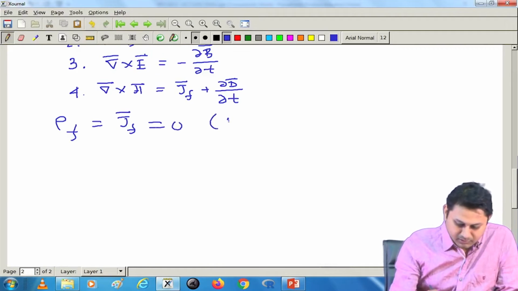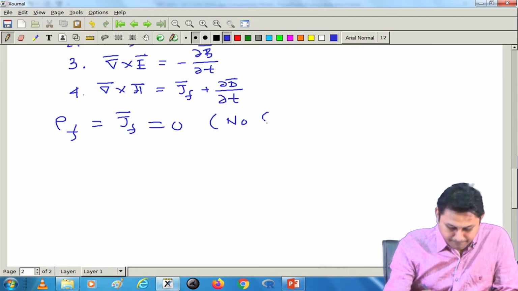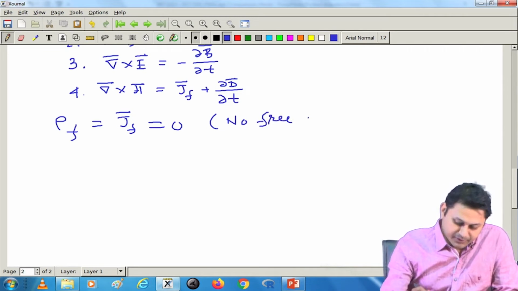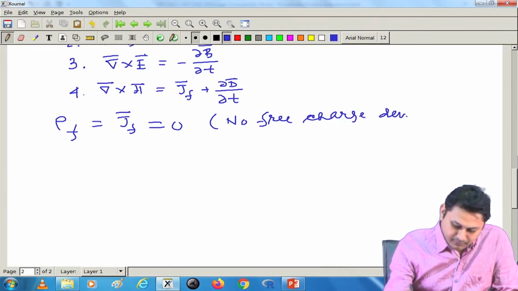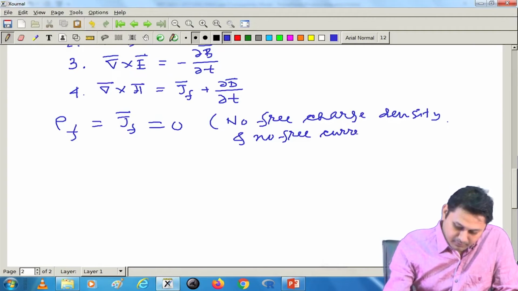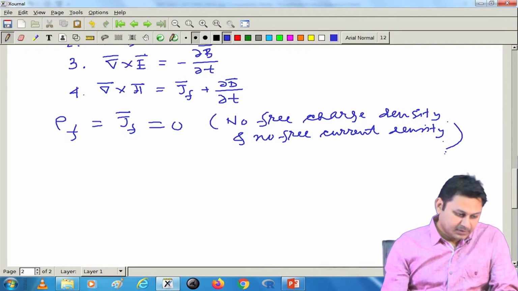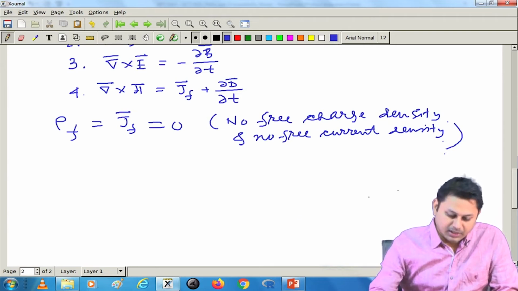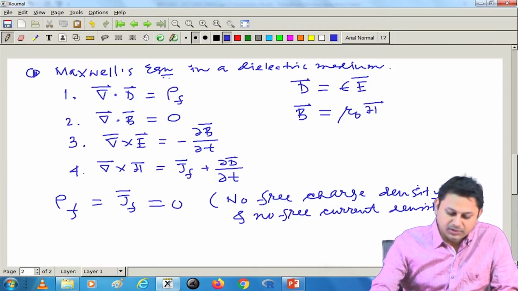So, there is no free charge density and no free current density. In such a case, equations 1 and 4 are modified. However, equations 2 and 3 will not be modified.